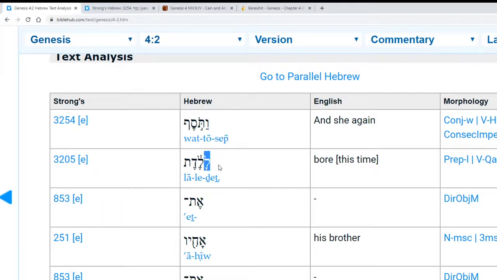Laledet. So they're saying it's a prepositional lamed.